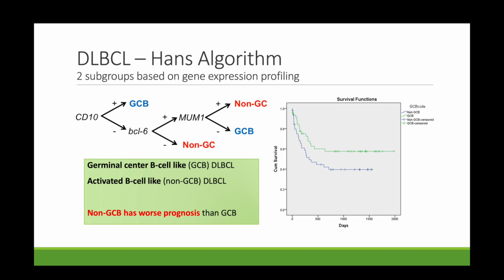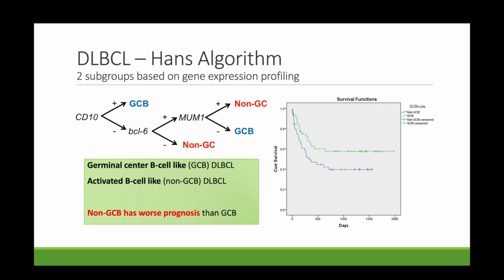So they look at expression of particular genes, including CD10, BCL6, and MUM1, and based on the expression of these different genes using the Hans algorithm, B-cell lymphomas are divided into germinal center B-cell-like DLBCL, or GCB, versus activated B-cell-like, also known as non-GCB. So you might hear GCB versus ABC, or you might hear GCB versus non-GCB.